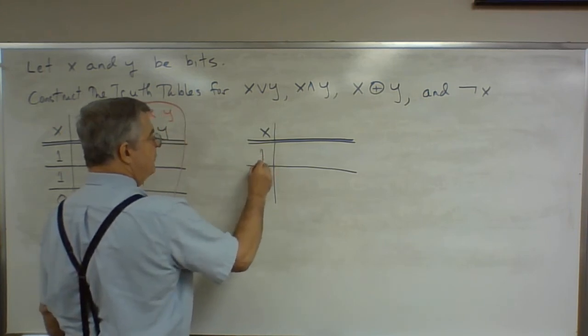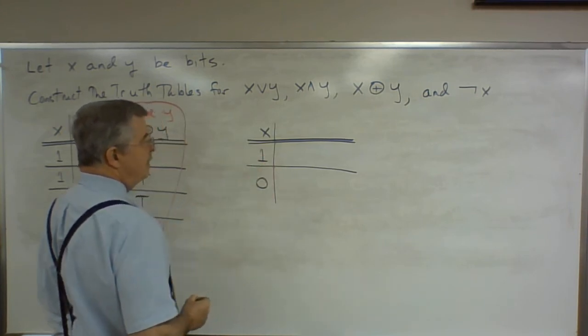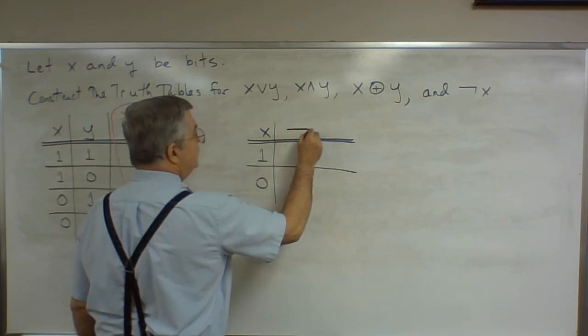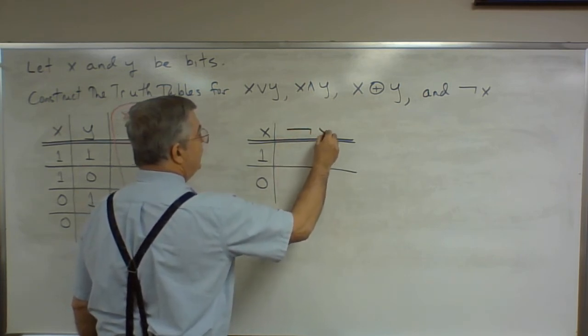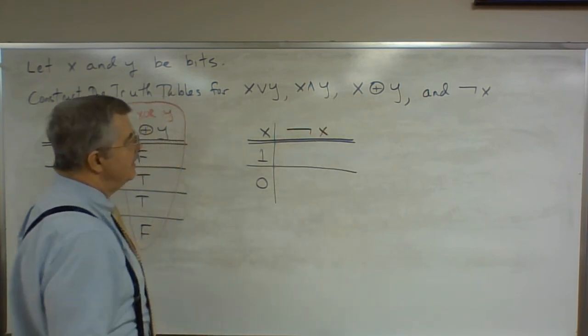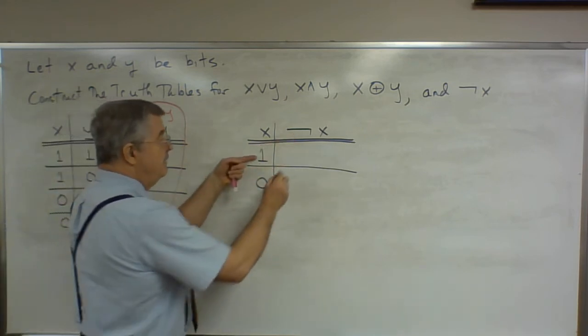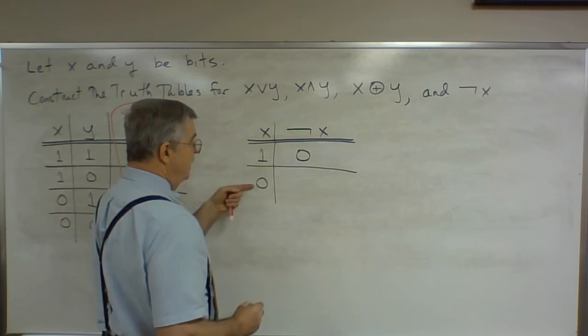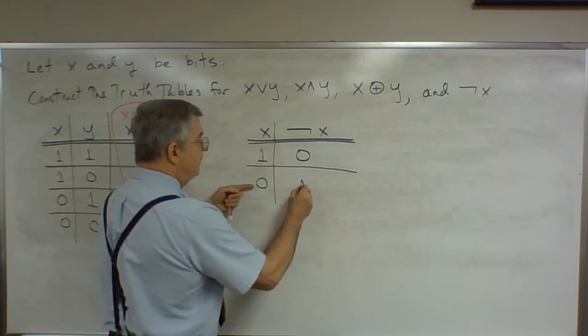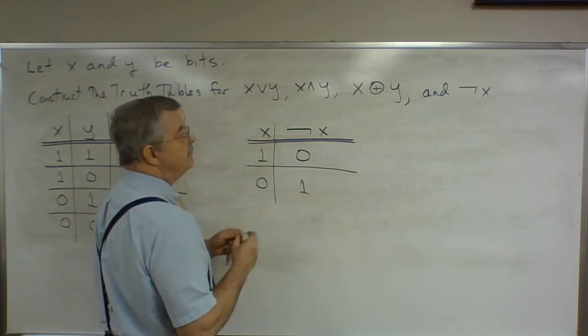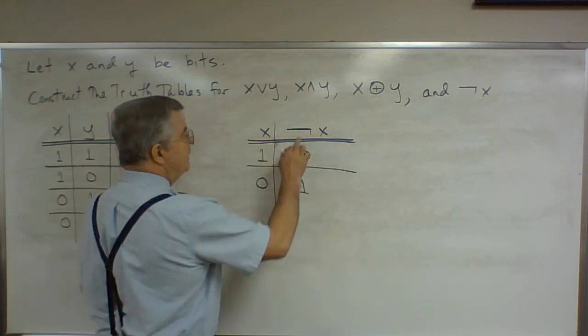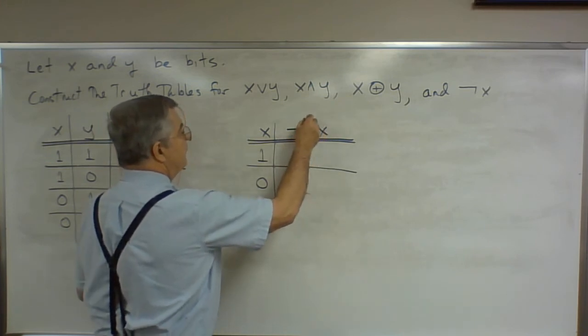It can either be true or it can be false. And here's the statement not x, or the negation of x. And what does the negation operator do? It changes true to false, and it changes false to true. So this is the truth table for not x.